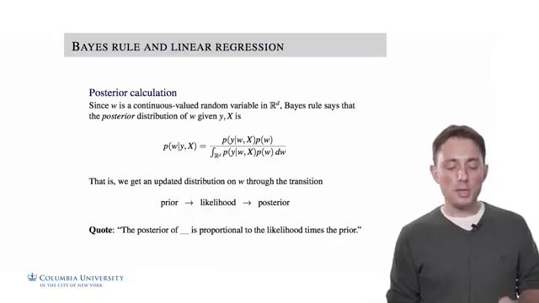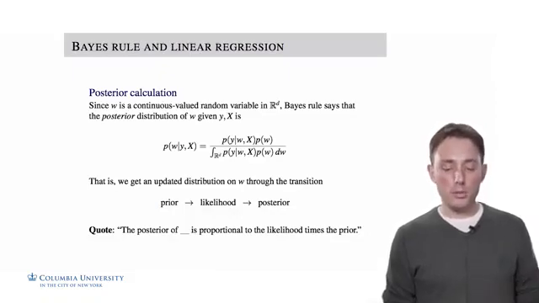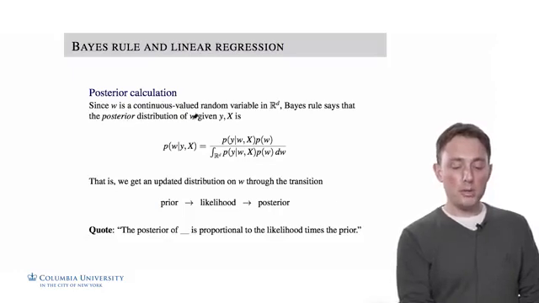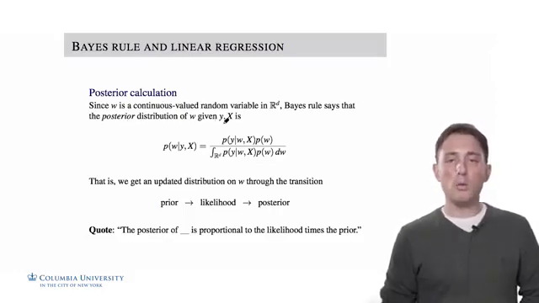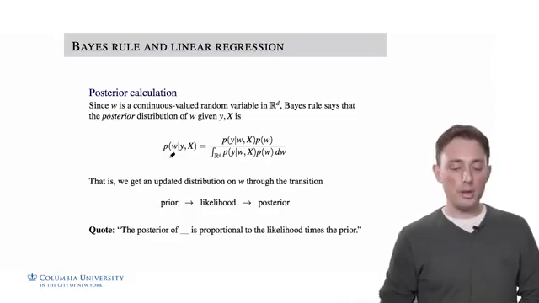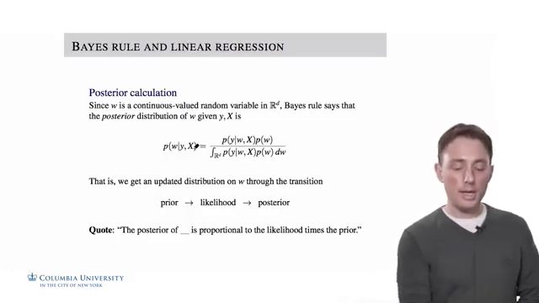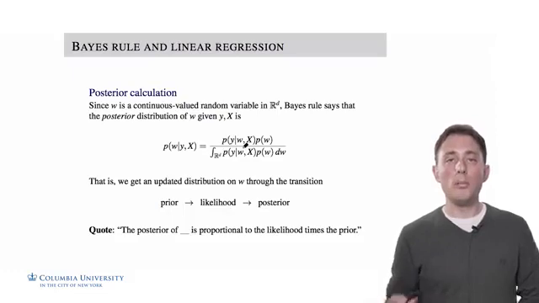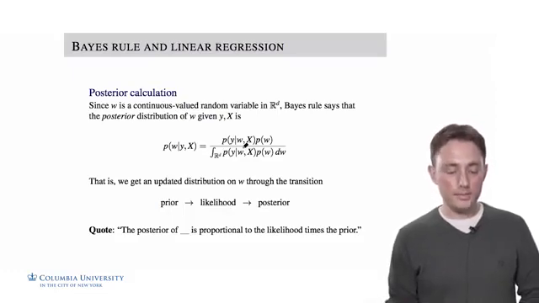So since w is a continuous valued random variable in R^d, Bayes' rule says that the posterior distribution of w given data y and X, so that's what this is, the posterior probability of w given data, is equal to the likelihood of the data times the prior on w, divided by the normalizing constant, which is the integral of the numerator over all possible values that w can take.